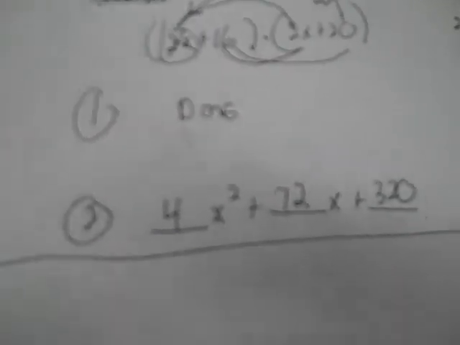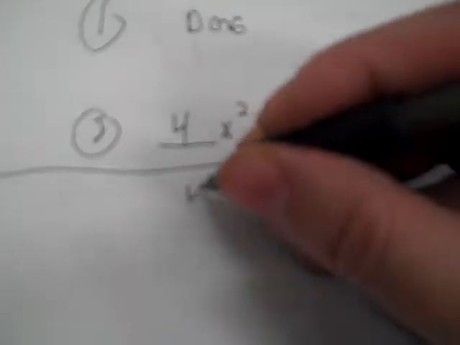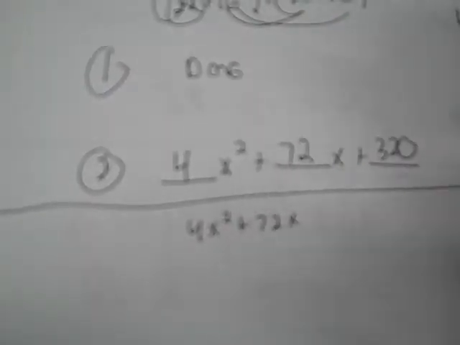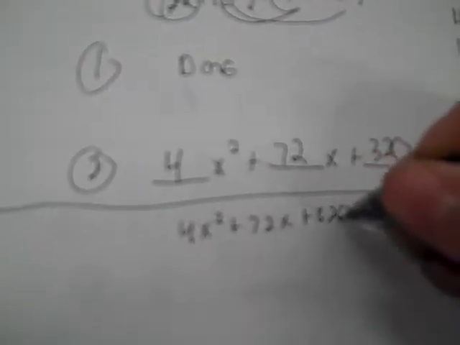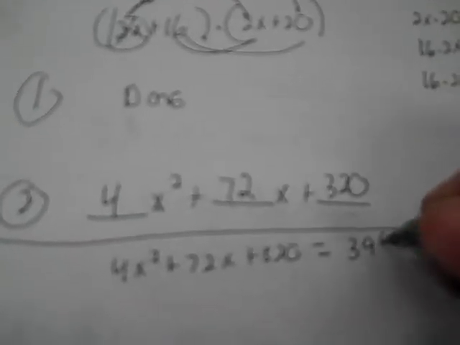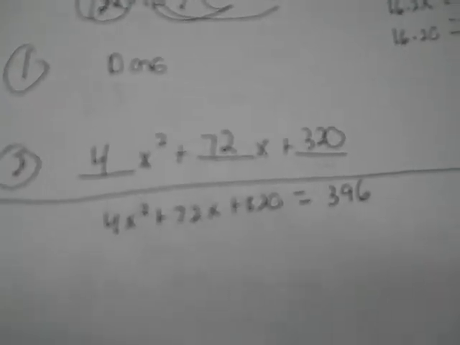Okay. Now, that's the first part. Now, the second part, we take this down here, 4x to the second plus 72x plus 320, and I set that equal to what they told me the area was, which was 396. Okay. And now I solve the equation.